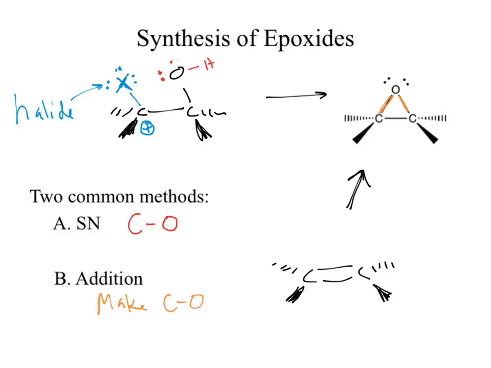Our reagent is going to have to somehow supply an oxygen. And based on the alkene, we do have positives and negatives. So that oxygen is going to have to come in from one angle, supplying electrons, and from the other angle, being able to accept electrons. So we get some kind of weird oxygen chemistry. Your standard reagent that you'll see pretty much everywhere is known as mCPBA, which we'll look at here in just a little bit.